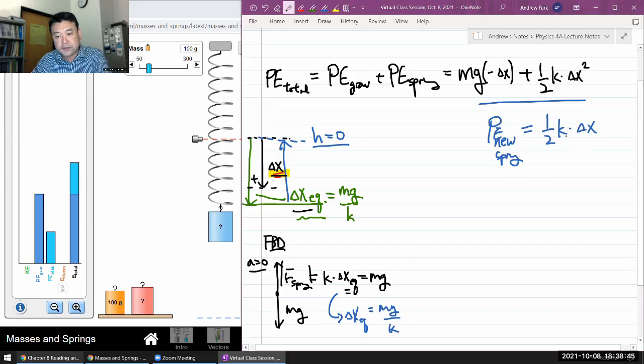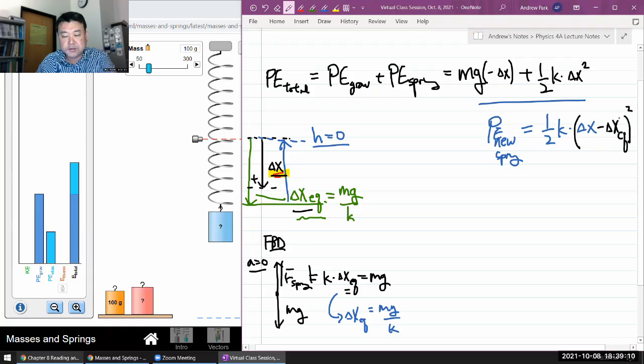And one way to get that is to do a little bit of translation, transformation of function. Let me write it down, and we can double check to make sure that it looks right. So the transformation I want to do is this. Where I see delta x, I want to replace it with delta x minus delta x equilibrium.